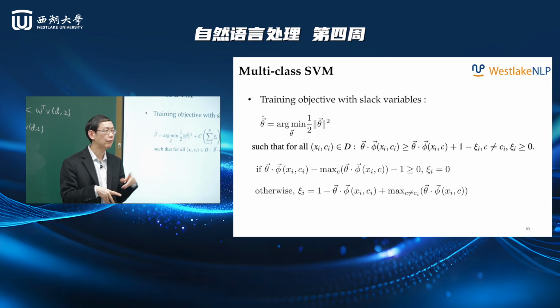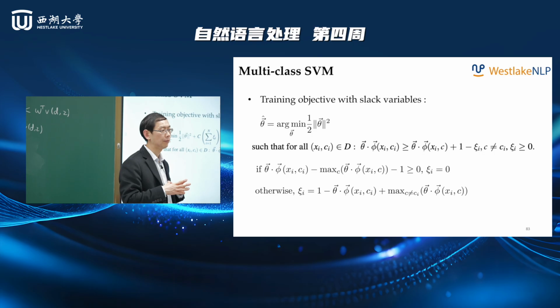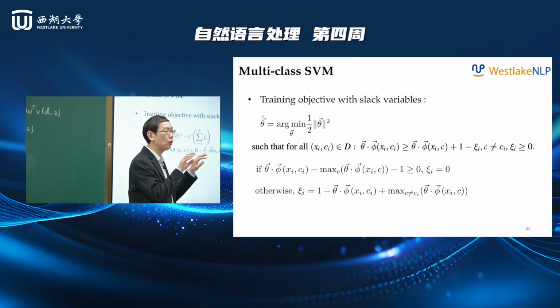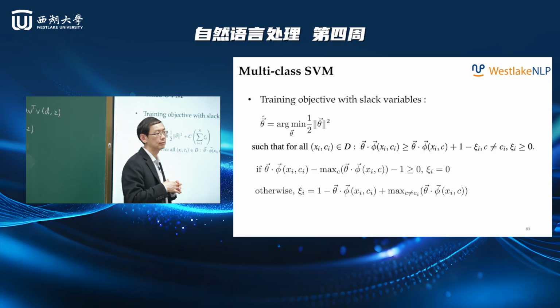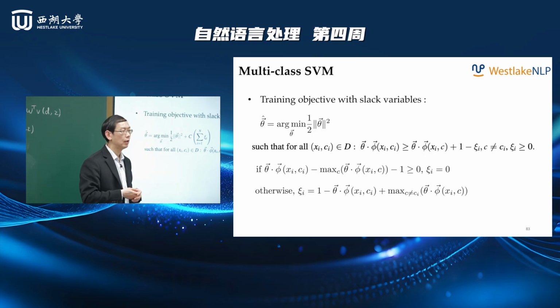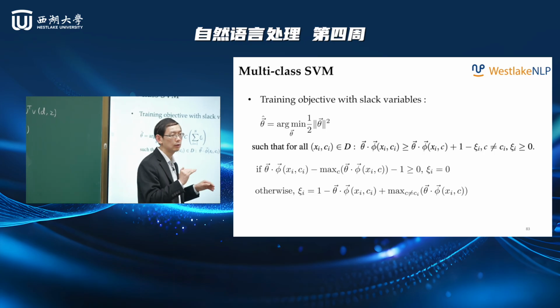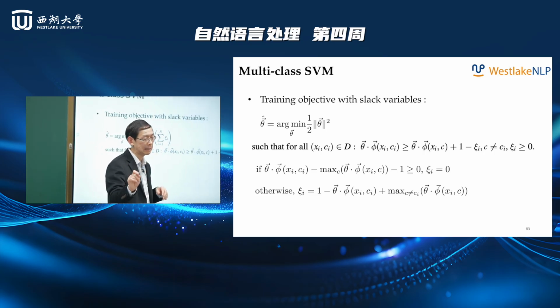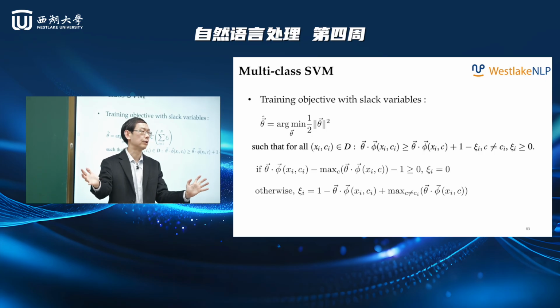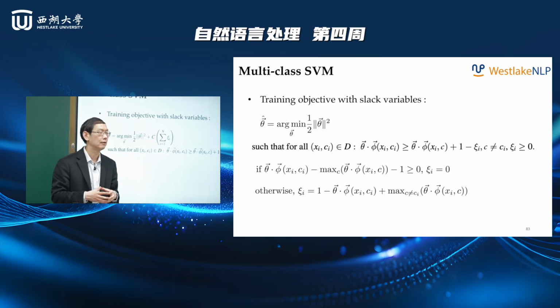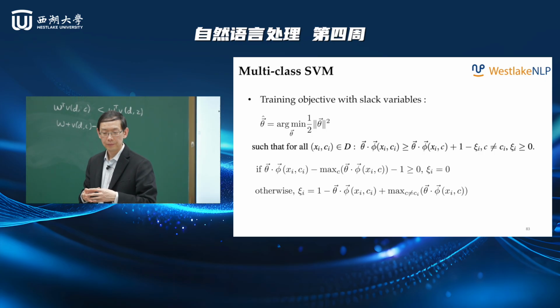For every training instance, there's a slack variable. If the score difference is more than 1, the slack variable is 0, no violation. But if the score difference is smaller than 1, then my slack variable is 1 minus the score difference.